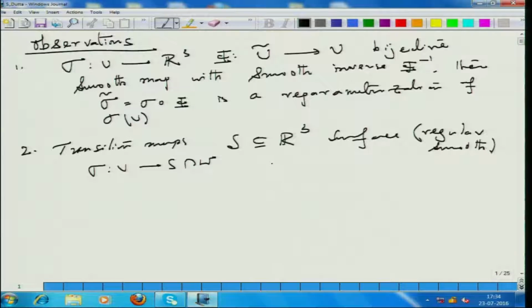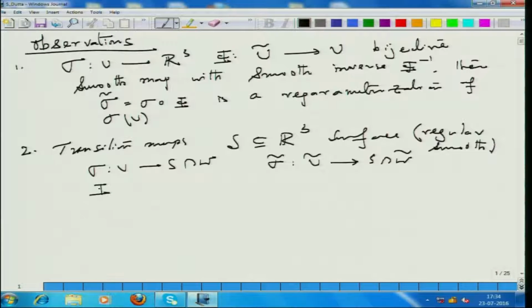And sigma tilde from, let us say, U tilde to S intersection W tilde.